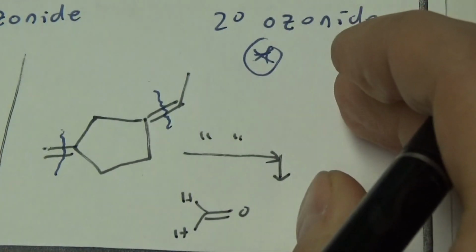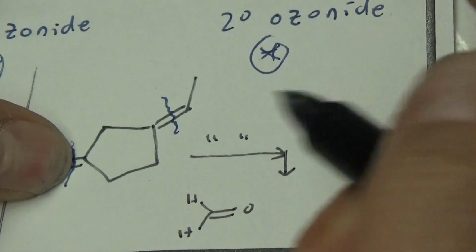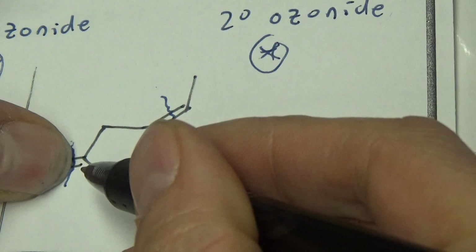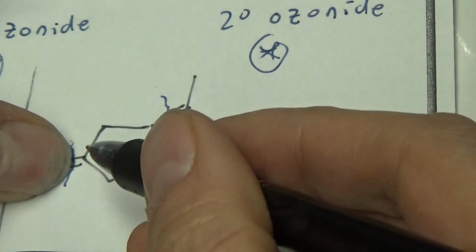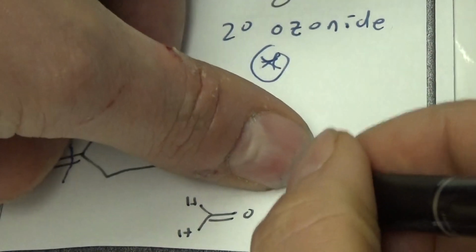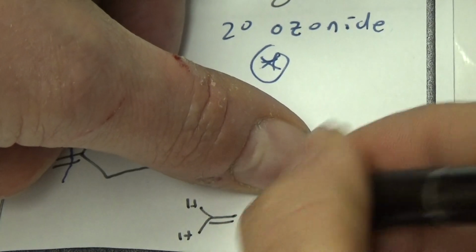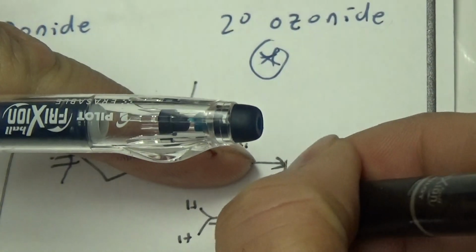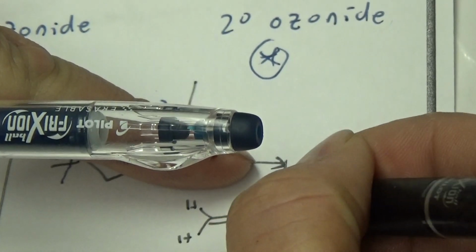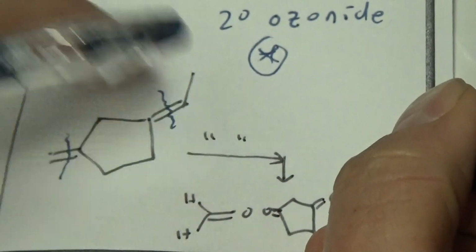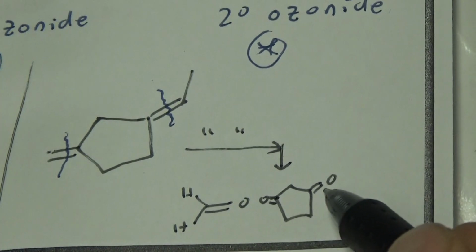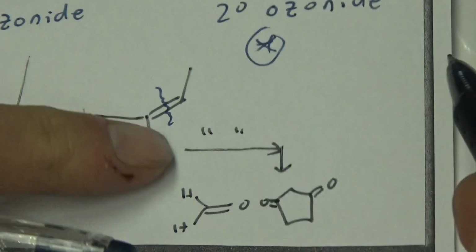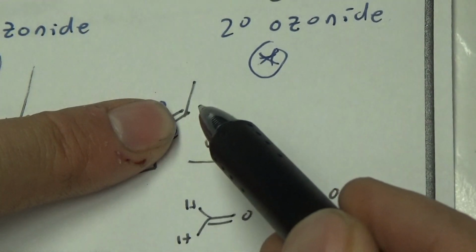And then on the other side, you got a ketone, right? Ketone there, ketone there. And then this thing is a 2-carbon carbonyl.